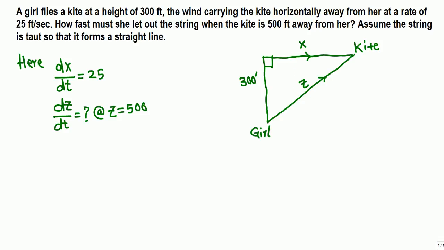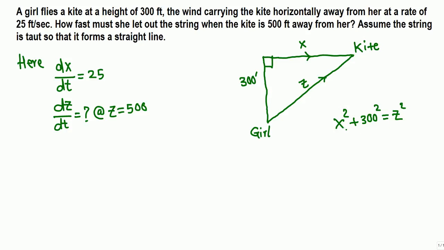We have x square plus 300 square, this is fixed, equals g square. And at the moment when g is 500 and this is 300, we can find x. So x square plus 300 square equals g square, by the Pythagorean theorem.